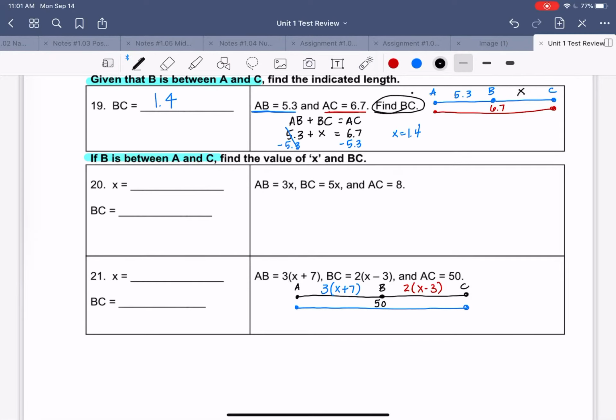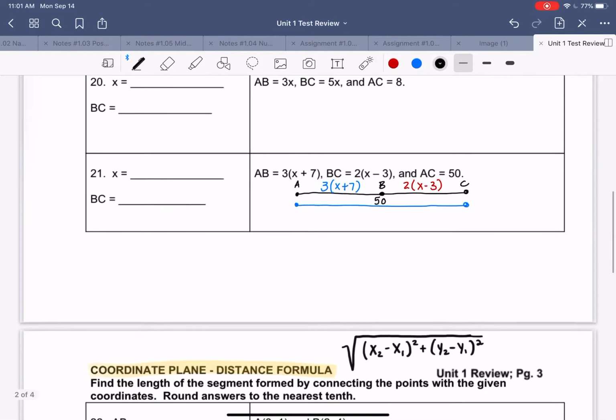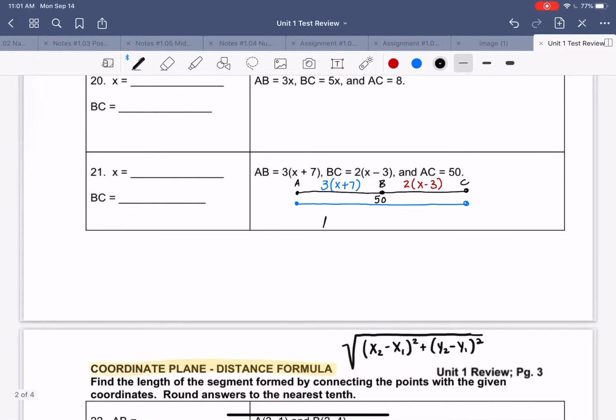Okay, so now it's the same thing. We're going to set up our equation. Okay, so it's AB plus BC equals AC.